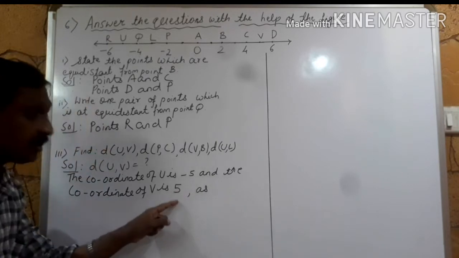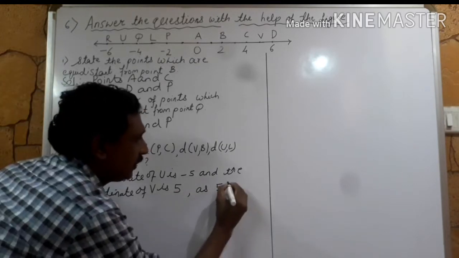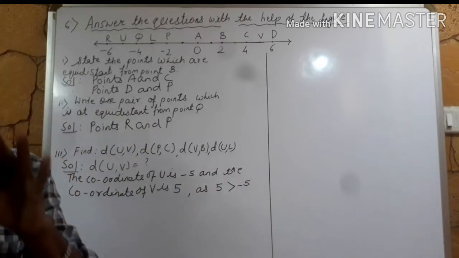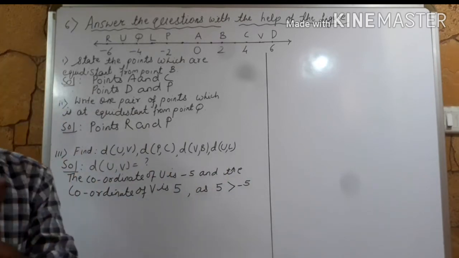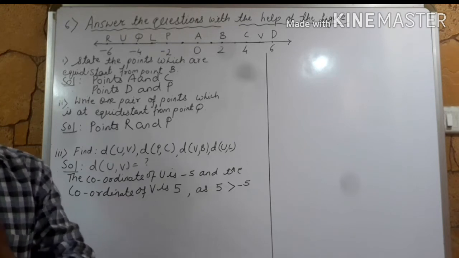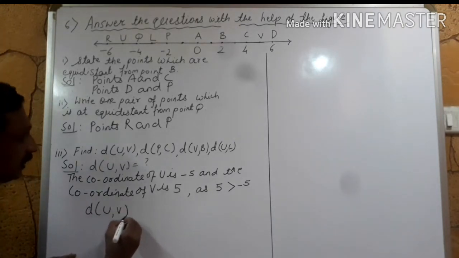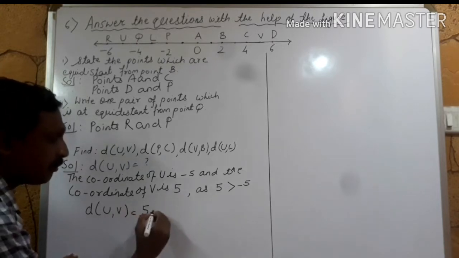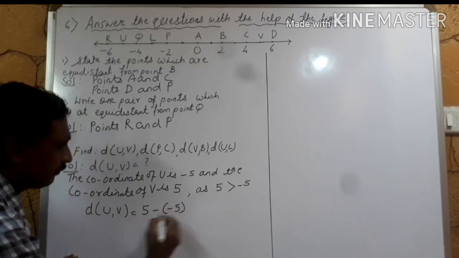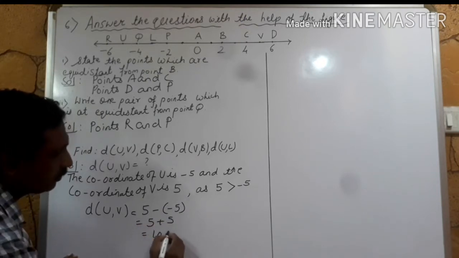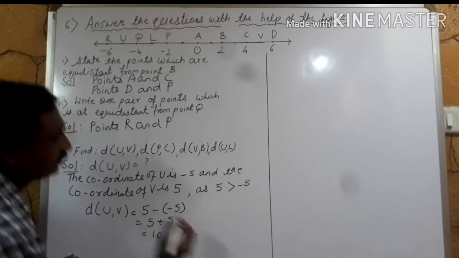Which is greater? 5 is greater than -5. We have already done this. So, distance UV is equal to 5 minus of -5, which is equal to 5 plus 5, which is equal to 10 units.